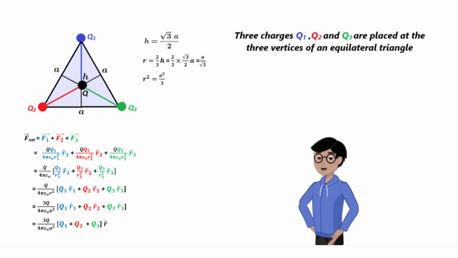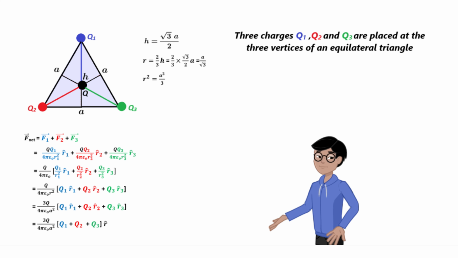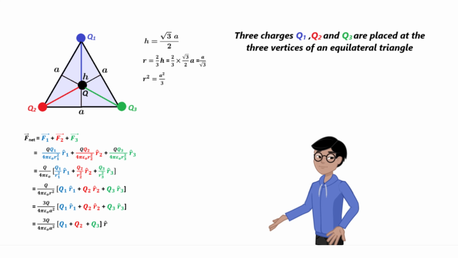Now, consider Q1, Q2, and Q3 are the three charges placed at the three vertices of an equilateral triangle whose side is denoted by A. If we place a test charge Q at the centroid, as shown in the figure, the force experienced by it due to all the three charges will be the vector sum of the individual forces. Using Coulomb's law between the charges Q and Q1, we get the force F1.